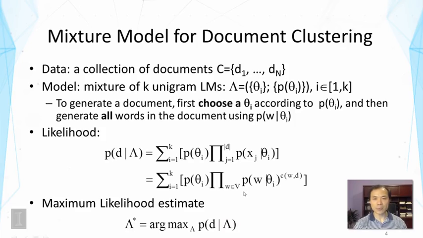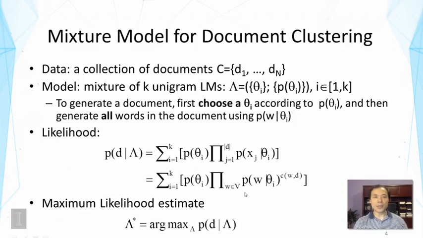So from X sub j to W is a change of notation, and this change allows us to show the estimation formulas more easily, and you have seen this change also in the topic model presentation. But it's basically still just a product of the probabilities of all the words.